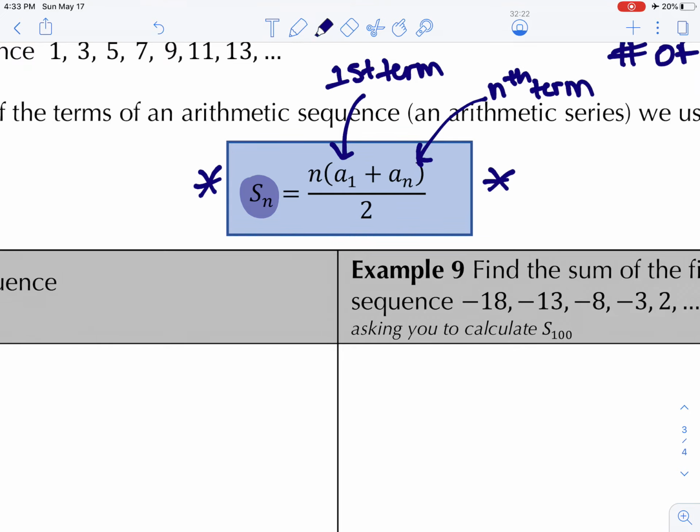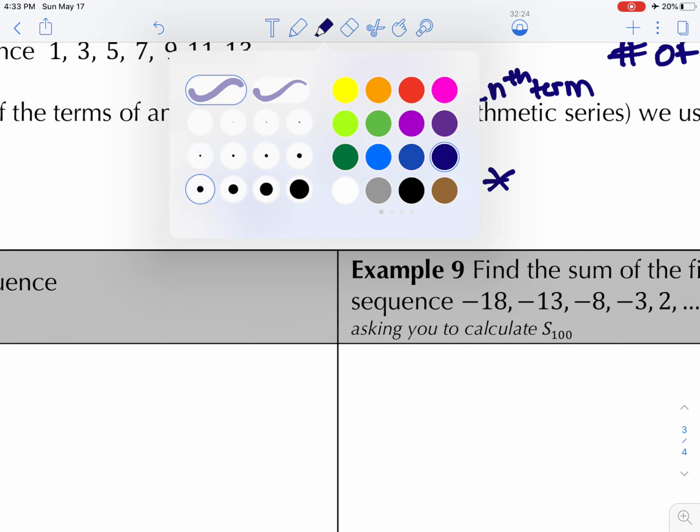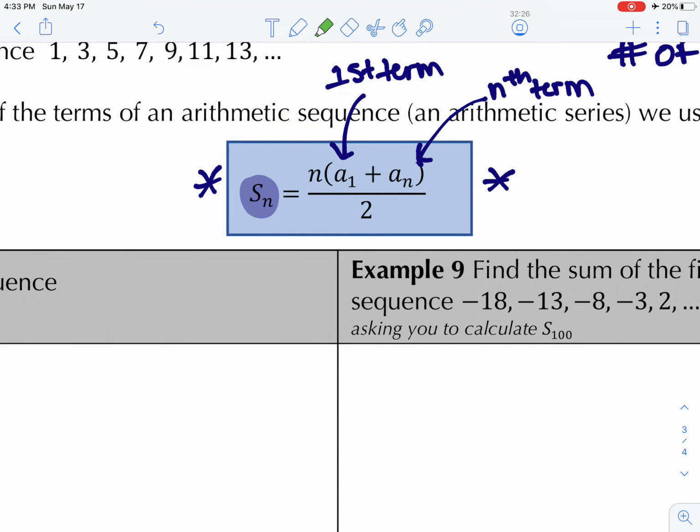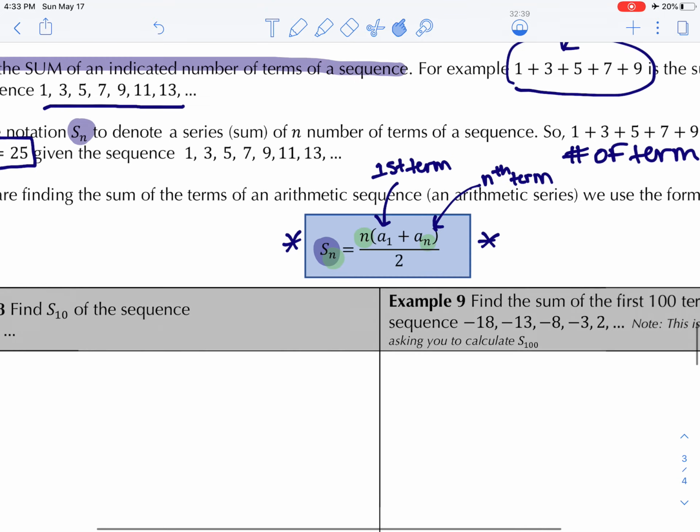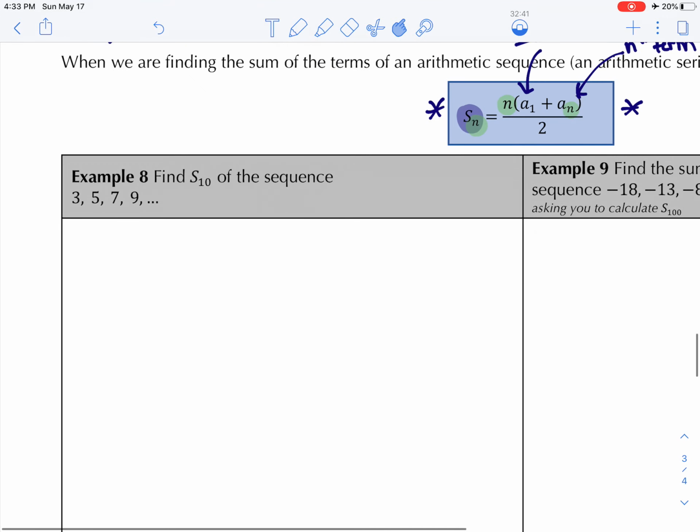Okay, and notice something pretty important here is that your a sub n is that number, right? The number term that you're ending on corresponds with the n here, and also the n in the subscript of your sum. Okay, so let's unpack this and work to understand this formula a bit better and the use of it in example 8.